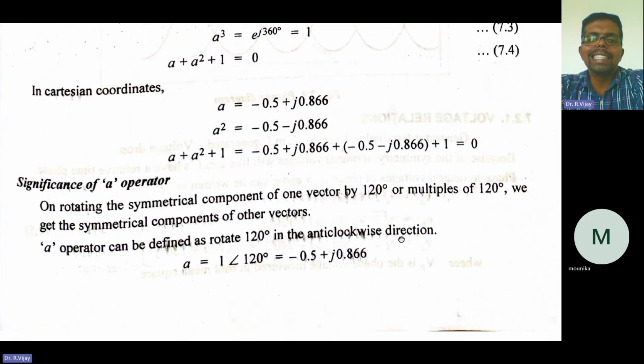So what is the significance of the A operator? On rotating the symmetrical component of one vector by 120 degrees or multiples of 120 degrees, we get the symmetrical components of the other vectors. That is, the A operator can be defined as a rotation of 120 degrees in the anti-clockwise direction.